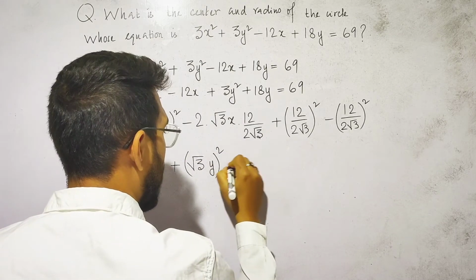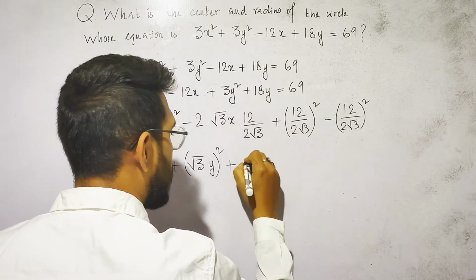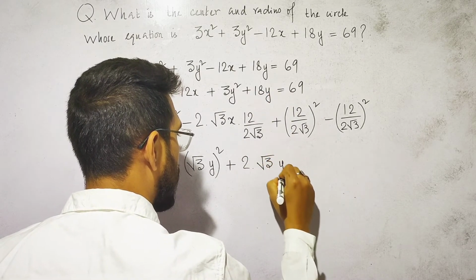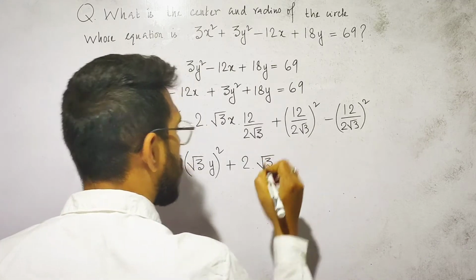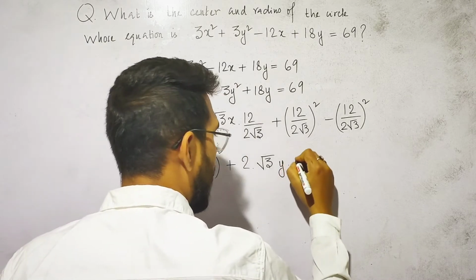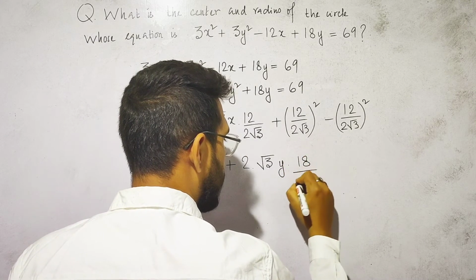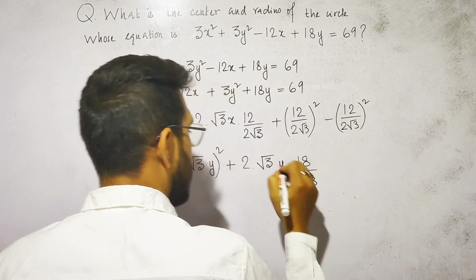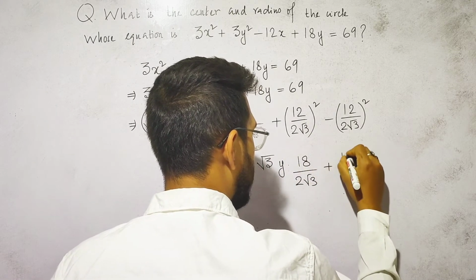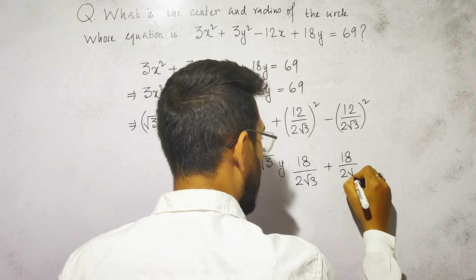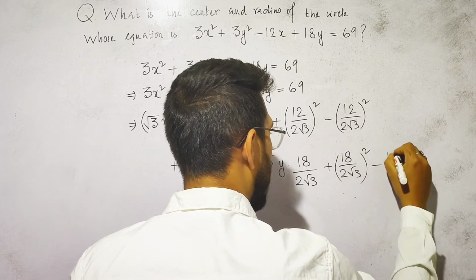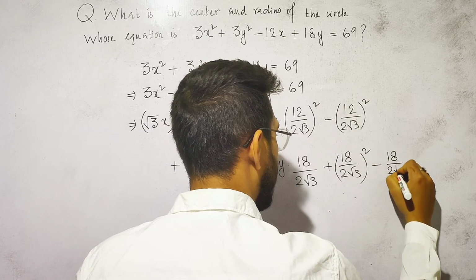Again I can write 18y in terms of 2ab, 2 times square root of 3y times b, where b has to be something such that I am getting 18, so it will be 18 by 2 root 3. That is b for this part, and obviously there will be a b square to complete the process. But since I have written it extra, there has to be a negative b square to retain the equation.